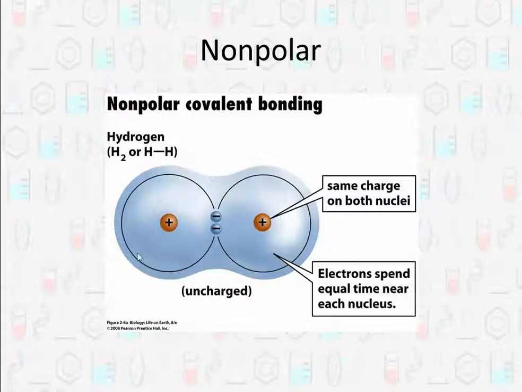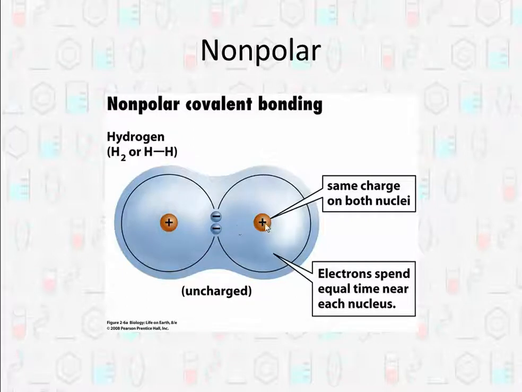If I take one hydrogen with its one electron and pair it with another hydrogen with its one electron, it'll share them and now it has a full outer level, because the first level can hold two electrons. So a hydrogen plus a hydrogen is a great bond.